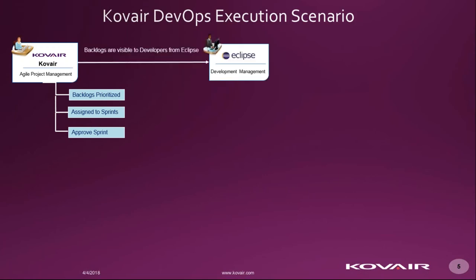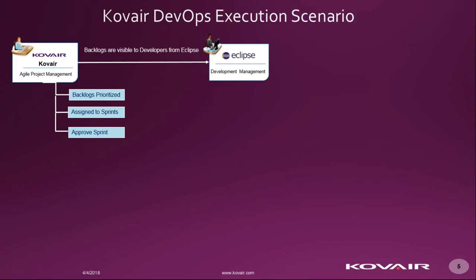Using the Kovair Omnibus integration, with our Eclipse Omnibus plugin, we will expose those backlogs to the developers from the Eclipse IDE, based on which the developers can directly work on those backlogs, modify them, and then work on their code project, which has its source control as GitHub.